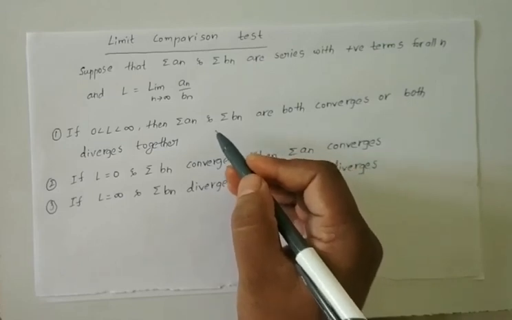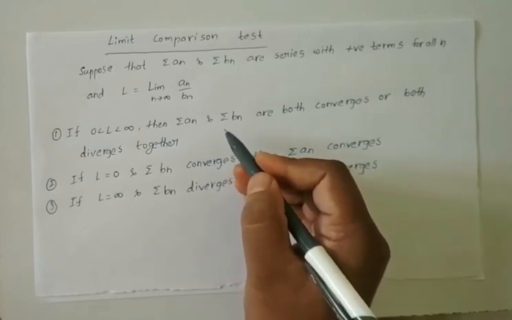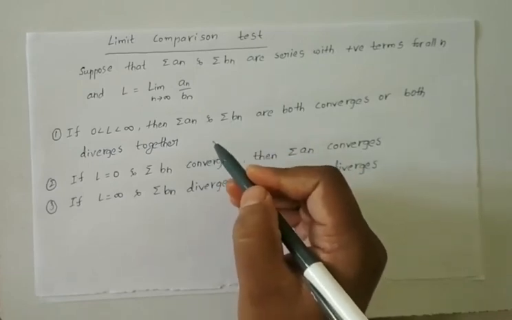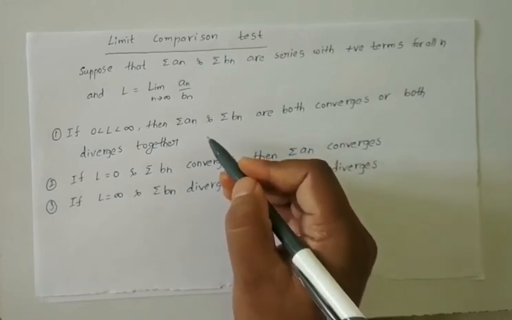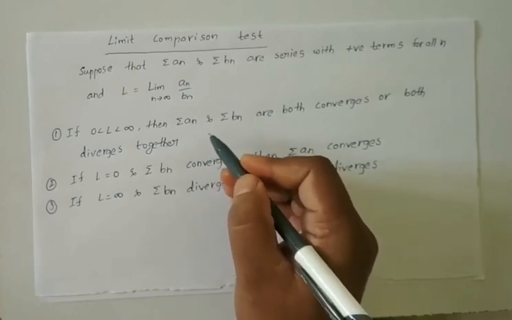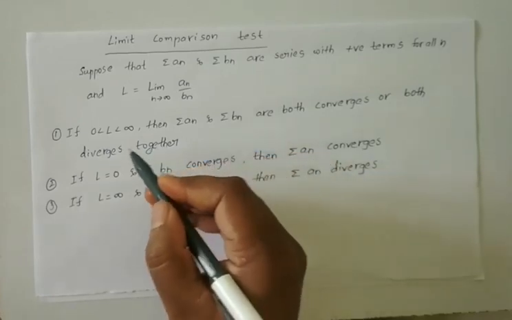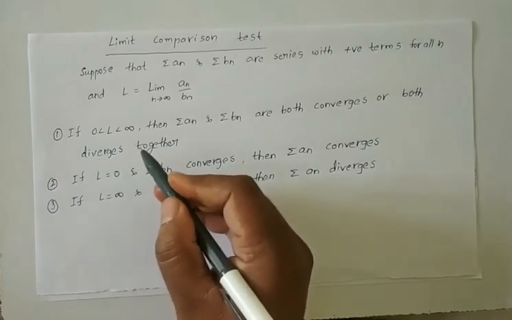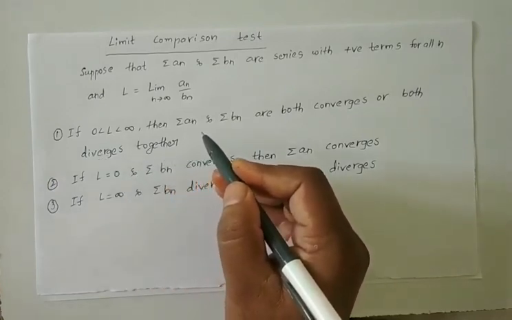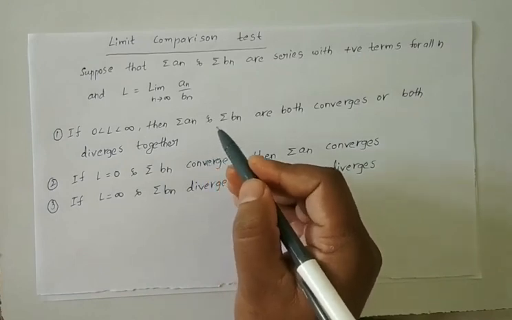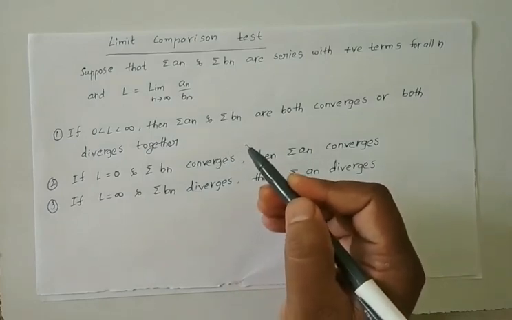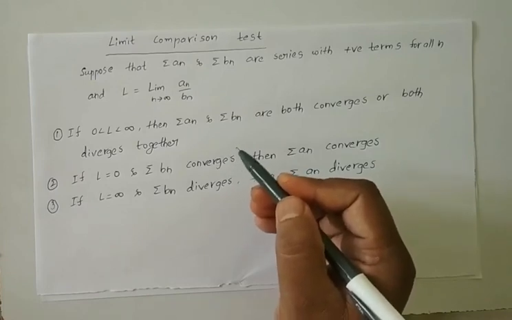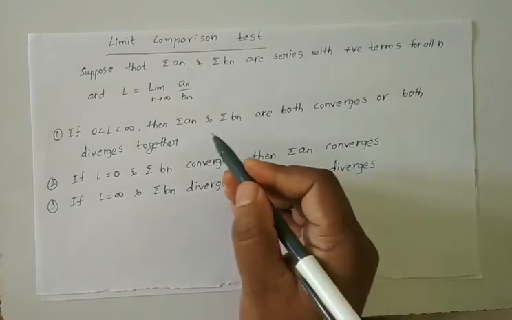That means if one series is convergent, then the other series must be convergent, or if one series is divergent, then the other series must be divergent. So this is the first one.